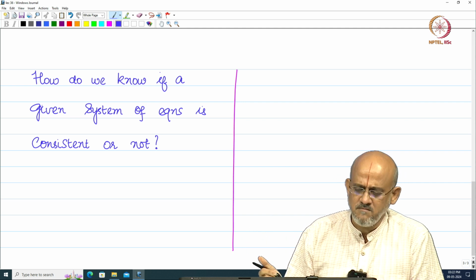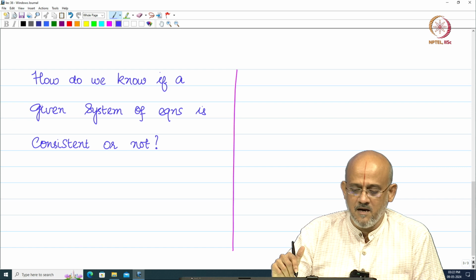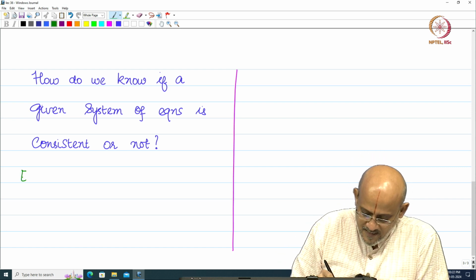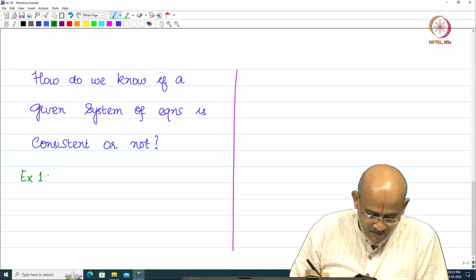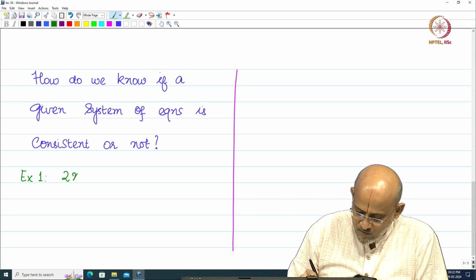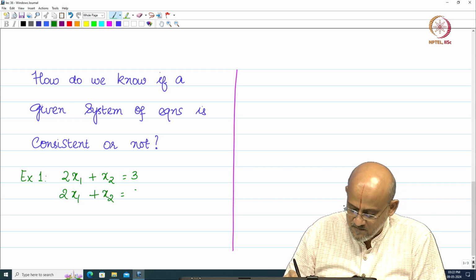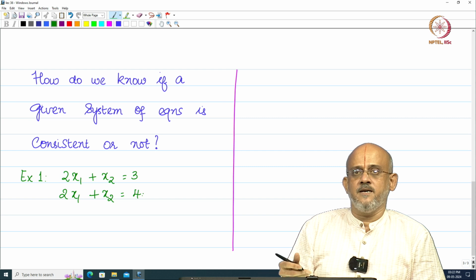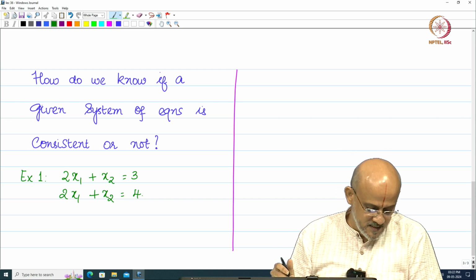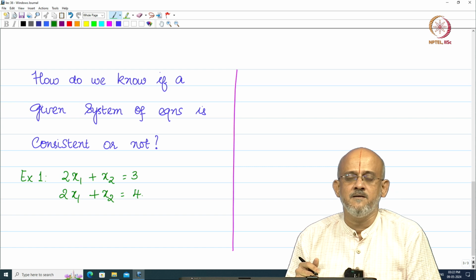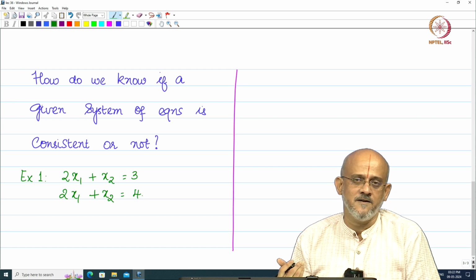Let us go back to the very first elementary example that we took. Let us consider example 1, where we had 2x1 plus x2 is equal to 3, and 2x1 plus x2 is equal to 4. We already established that this system of equations is inconsistent, because you have the same left hand side in both equations and the right hand sides are different.